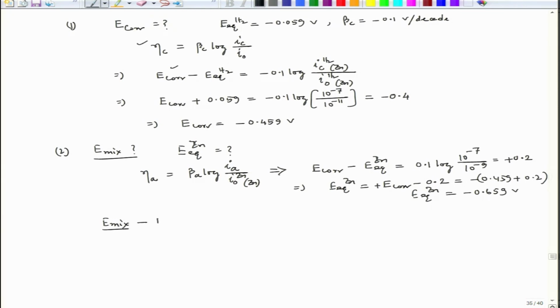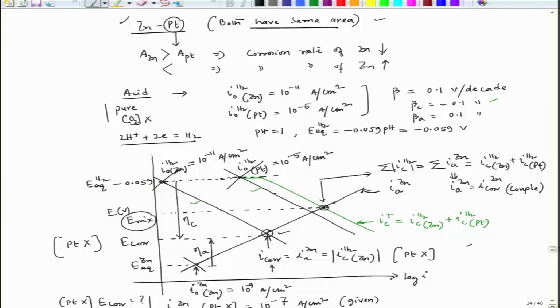E mix minus E equilibrium hydrogen, I can write this equation, equals eta C prime, equal to beta C log IC hydrogen over I0 hydrogen. Now, I am considering the overvoltage in the green color, the blue color being the earlier one.